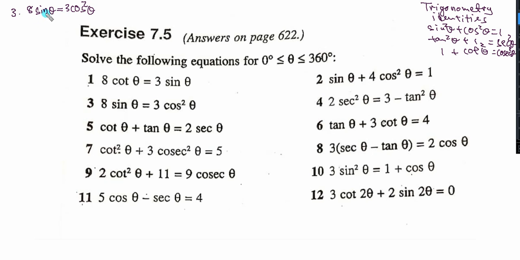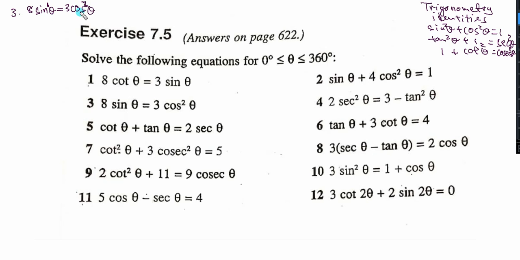The rule is this. If you look at sine theta and cosine squared theta, you see the sine theta has a power of 1. So the rule is you always convert the trigo which has a power of 2 to the same trigo as the one with a power of 1, in this case sine theta.